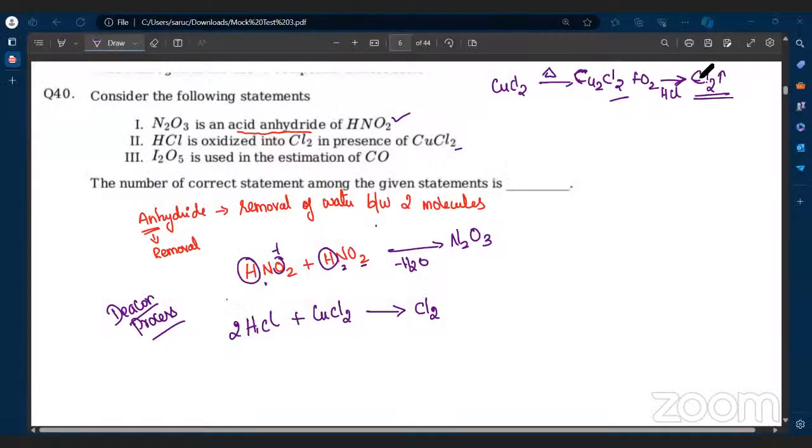So this is how the Cl2 is manufactured using the Deacon's process.